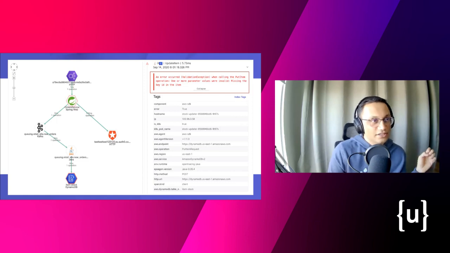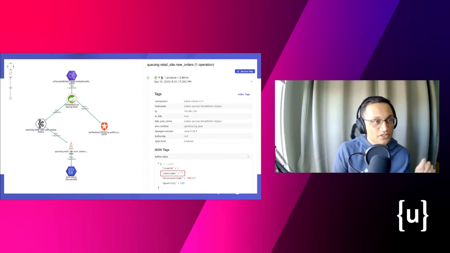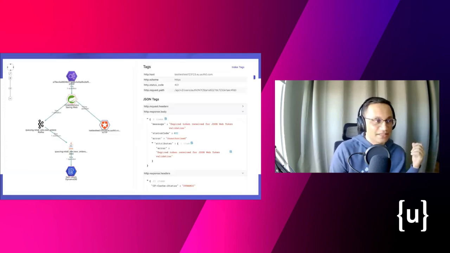As you can see here, if you focus on the DynamoDB microservice, the key ID is missing. Which key ID though? Once you focus on the Kafka microservice, you see that the username is missing. Now you want to find out why exactly it is missing.